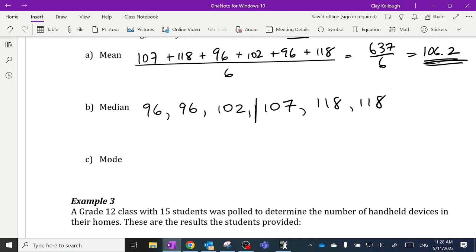So I take 102 plus 107, divide it by 2, and when I do that, I'm going to get 209 over 2, which is 104.5. And again, we wanted answers to the nearest 10th, so good enough. That's the middle of that data, 104.5.